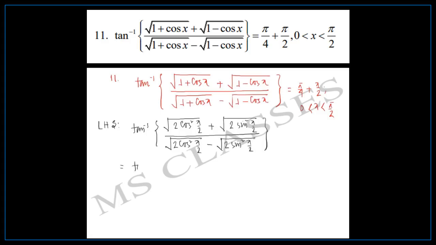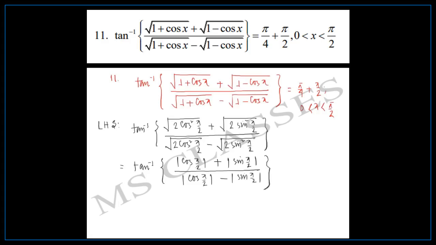Now tan inverse of mod cos x by 2 plus mod sin x by 2, divided by mod cos x by 2 minus mod sin x by 2.